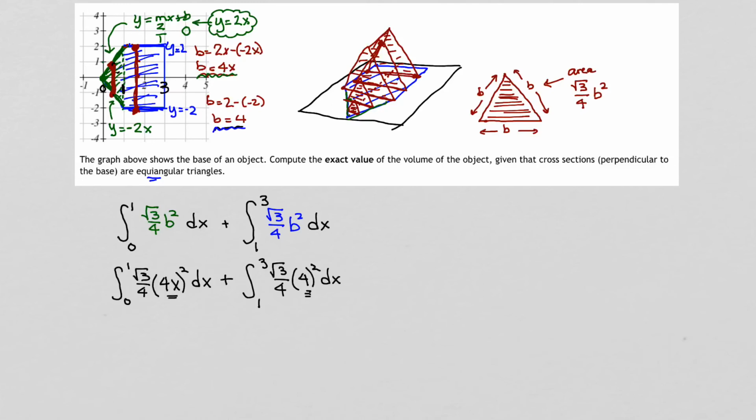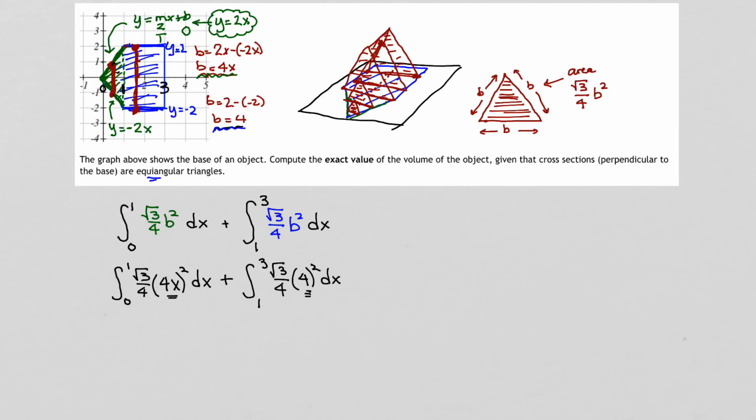So if I add up the areas of all of these equilateral triangles, in other words, if I sum or integrate all of those regions, I get the volume for the entire shape, specifically the volume for this three-dimensional solid.